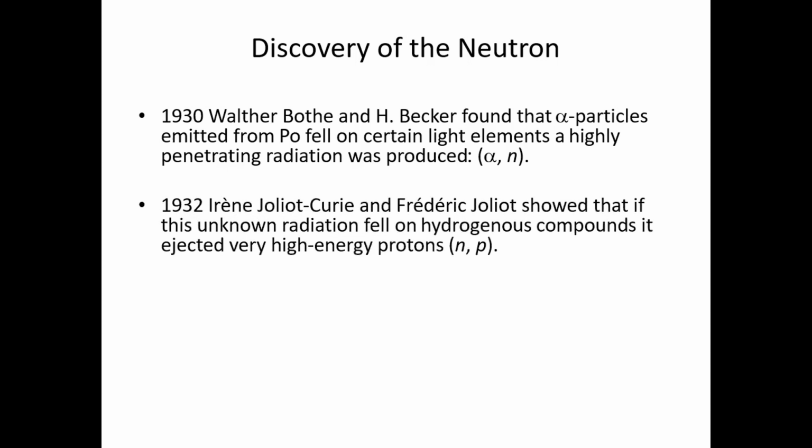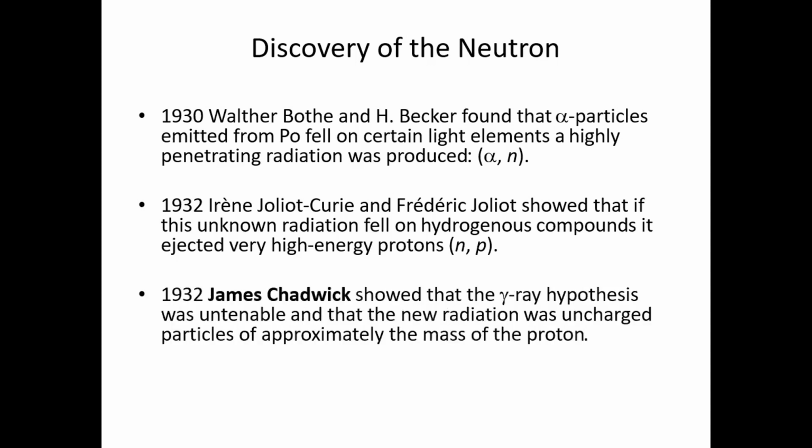In 1932, Irene Joliot-Curie and Frederic Joliot showed that this unknown radiation, which is falling on the hydrogenous compound, is ejecting very high energy protons. So they concluded that something is going on, the neutron or something is hitting and the protons are getting out. They calculated originally the energy, and it was not really the correct energy distribution that was possible, and therefore their idea was rejected.